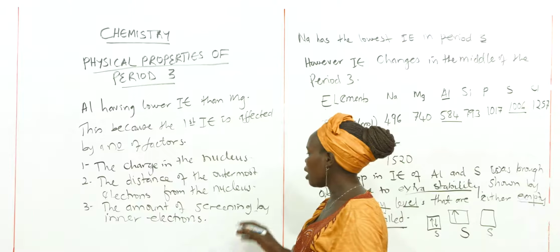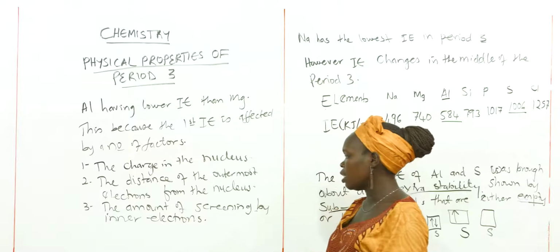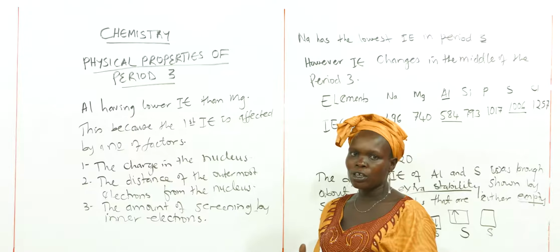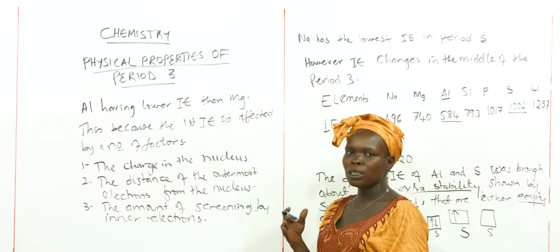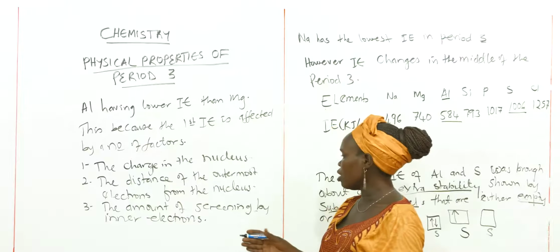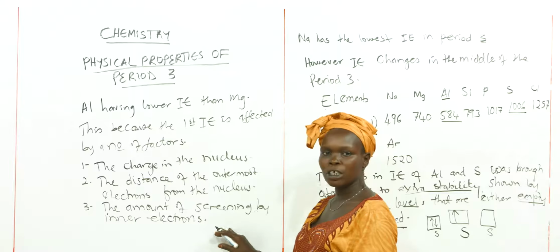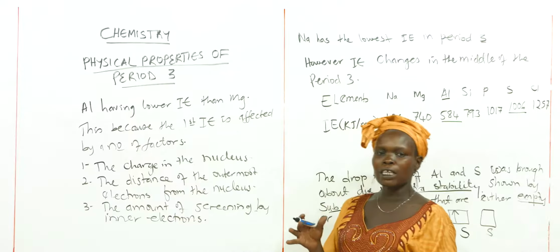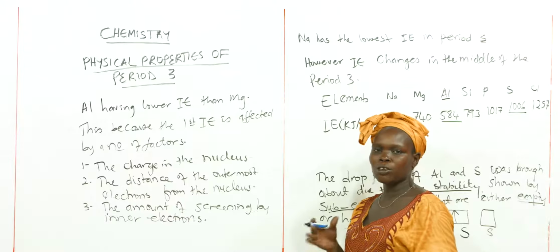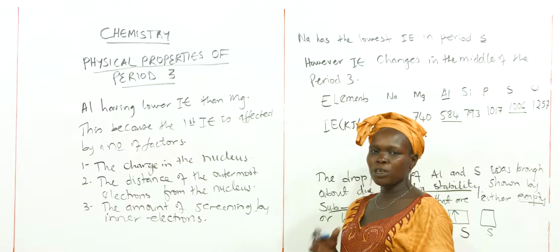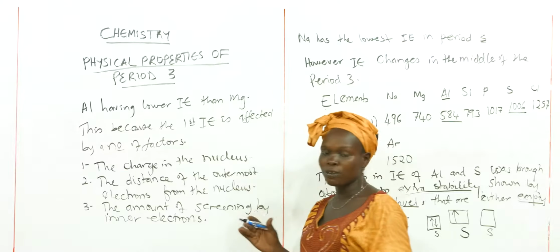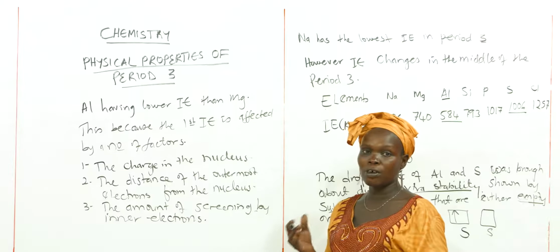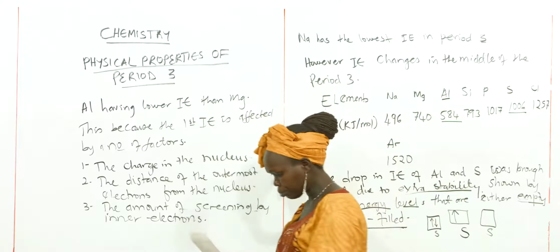Also we have the amount of screening by inner electrons. Here you may find that the electrons which are nearer to the nucleus cause what is known as screening. It covers the nucleus, and the electrons which are far from the nucleus may not feel the pulling effect of the nucleus.